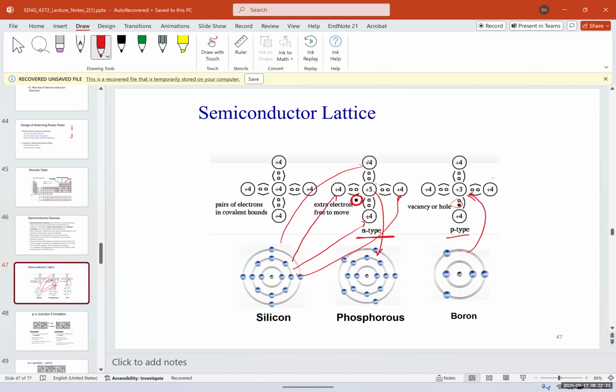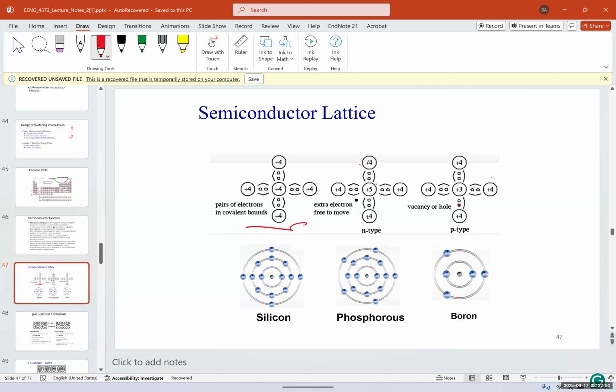This picture shows the semiconductor lattice. Semiconductors usually form a lattice like silicon. They have very strong bonding. And this is silicon, for example, normal silicon.